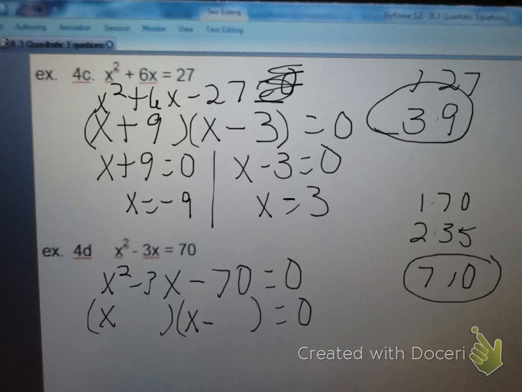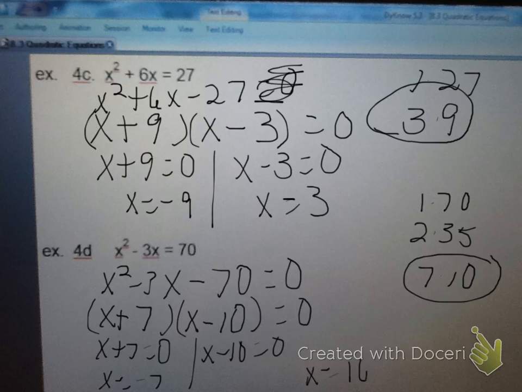And I want to put the 10 behind the negative. So x is equal to negative 7 and x is equal to positive 10. And that is the end of that.